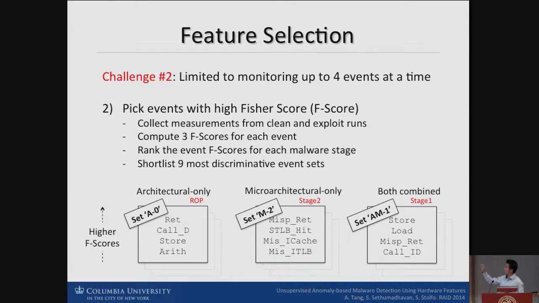We use M for the microarchitectural ones and AM for both of them. For example, if you look at the second event set with the label M2, based on the F-score ranking, with these 4 microarchitectural only events, we have the best chance of distinguishing the stage 2 payload from the clean measurements.